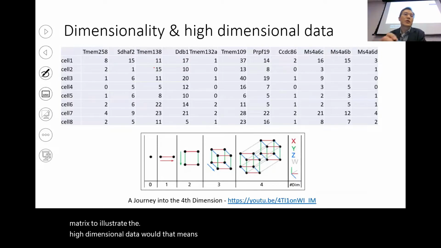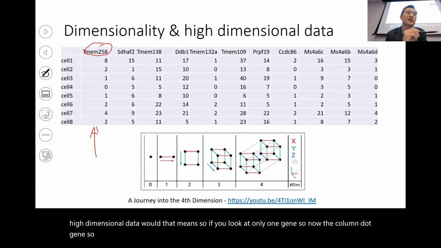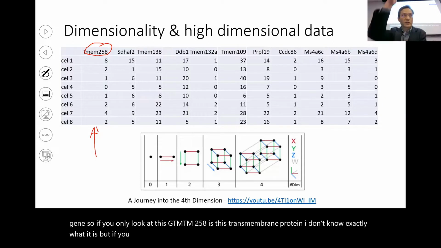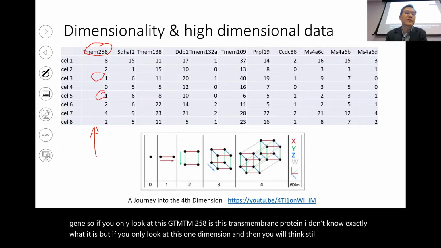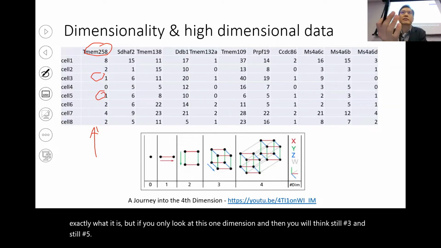If you look at only one gene, so now the column of the gene, TMEM258, this transmembrane protein, I don't know exactly what it is. But if you only look at this one dimension, then you will think cell number 3 and cell number 5 are the same.